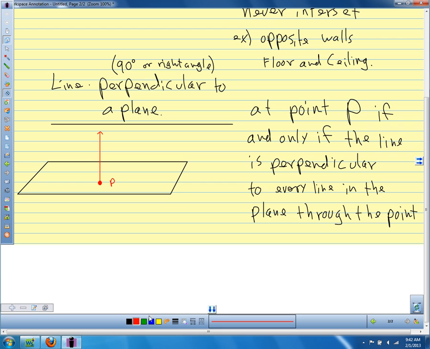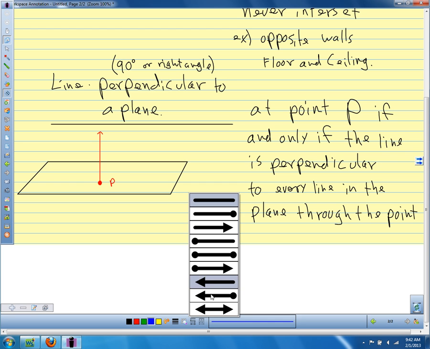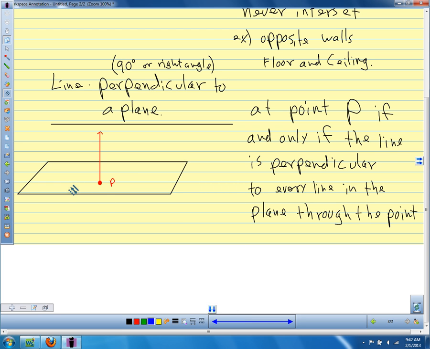And I'm going to draw in a couple of lines through point P that are in the plane. So there are a couple of lines in the plane, and what we're saying is that this line has to make a 90-degree angle with all of these lines that go through that point.